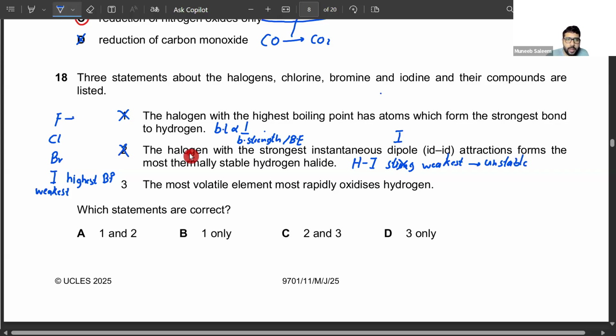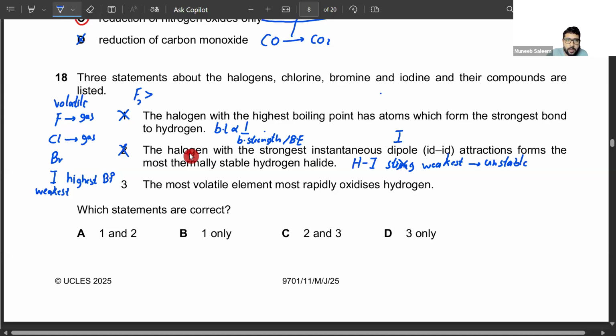Chlorine is a gas, so we know that chlorine is the most volatile, and at the same time it rapidly oxidizes hydrogen, because we know the order of reactivity of halogens is something like this.